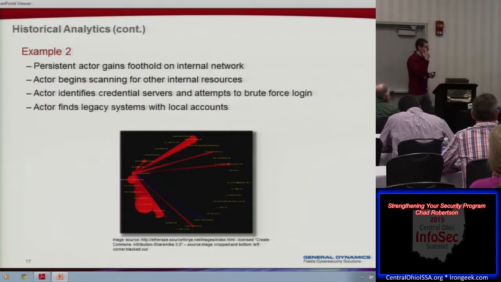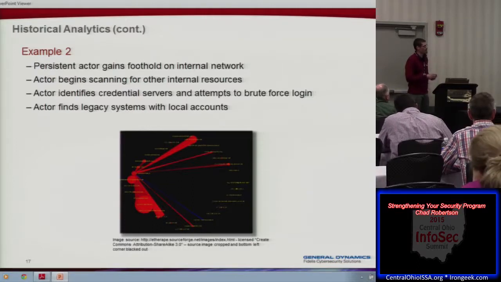There's internal scanning or looking for things, and then maybe a few days later, there's additional activity, and that new activity looks for additional internal resources, or tries to pivot and move laterally. The actor identifies credential servers and attempts to brute force login. The actor finds legacy systems with local accounts.